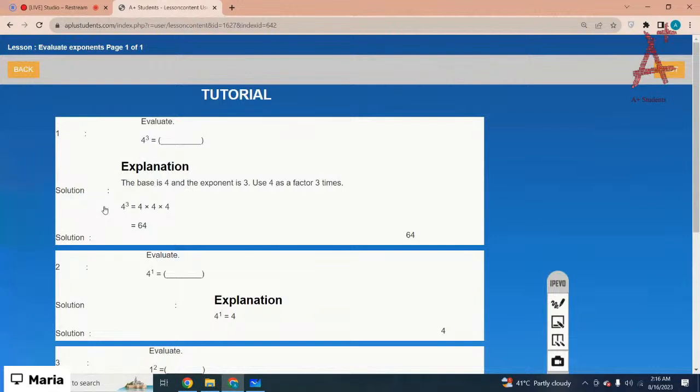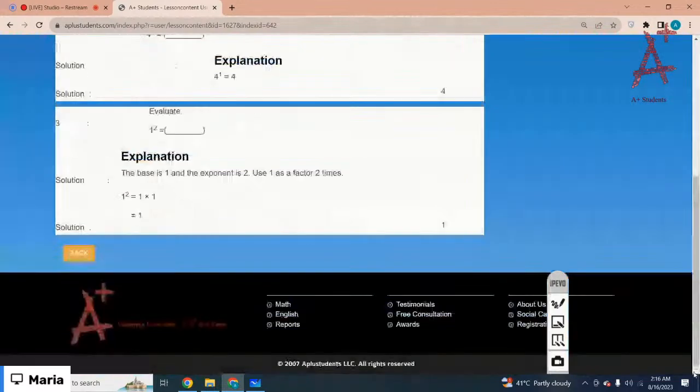So the correct option is 4. The next one is 1 exponent 2, right? So base is 1 and exponent is 2. That means you have to multiply 1 2 times. You have to do 1 times 1, and 1 times 1 equals 1.